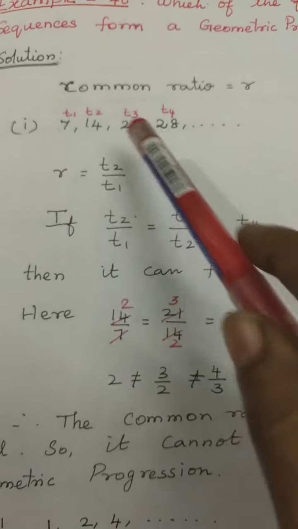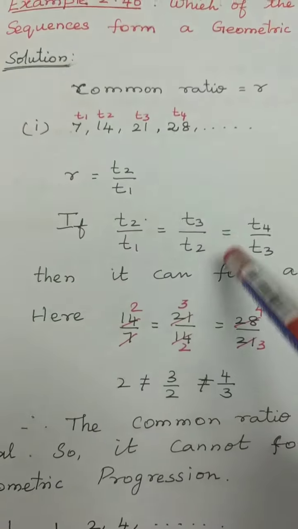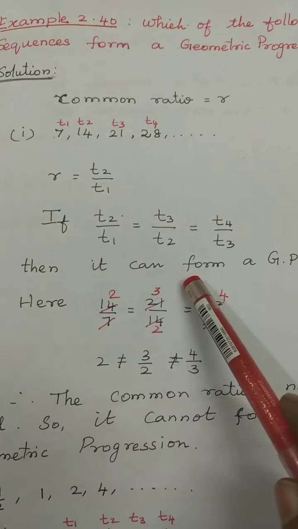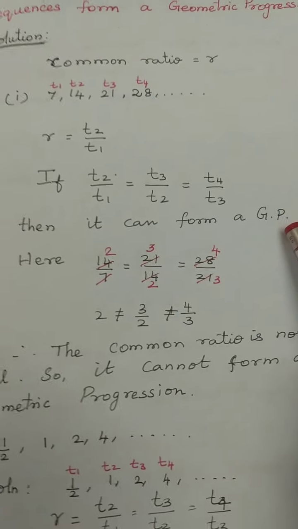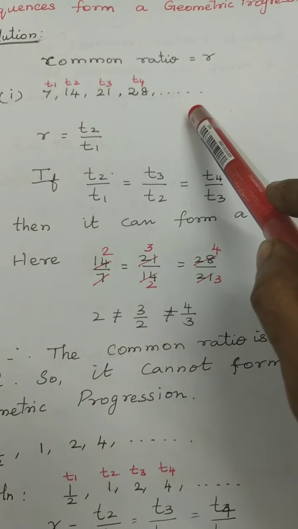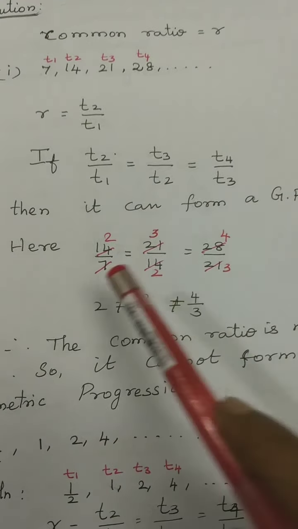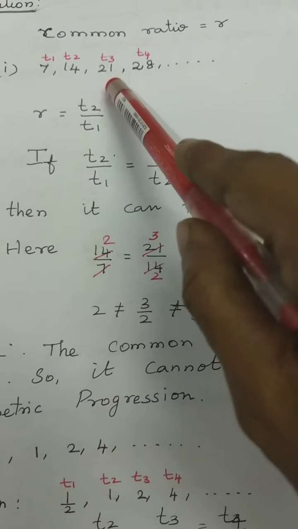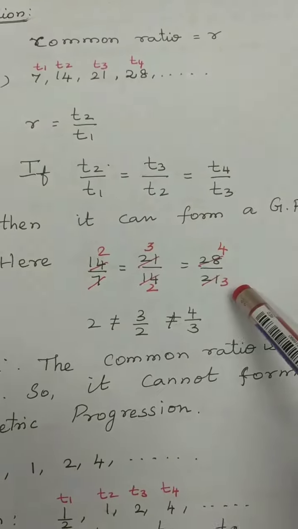Okay, now we'll see T2 by T1 is equal to T3 by T2 is equal to T4 by T3. Then it can form a GP. Now we shall see whether this sequence is forming a GP or not. Okay. So 14 by 7, then 21 by 14, then 28 by 21.